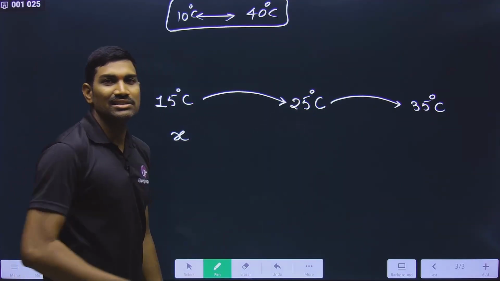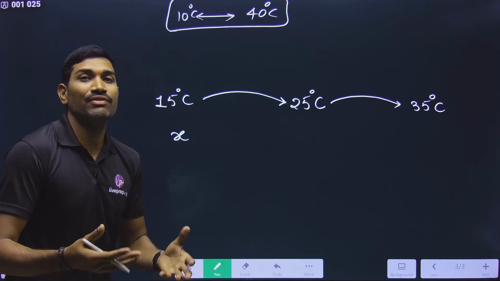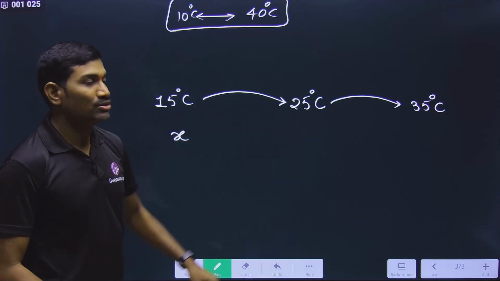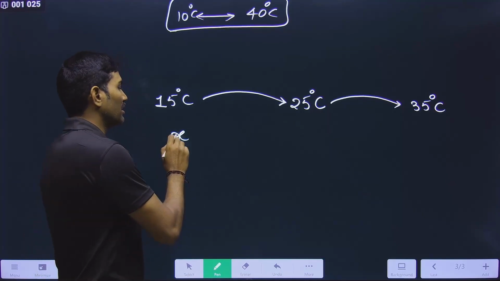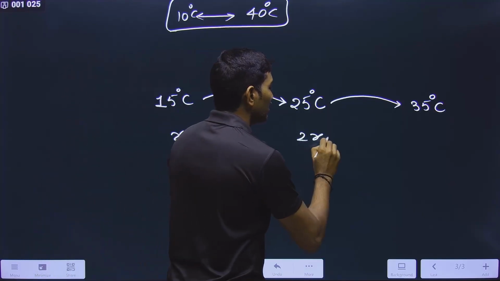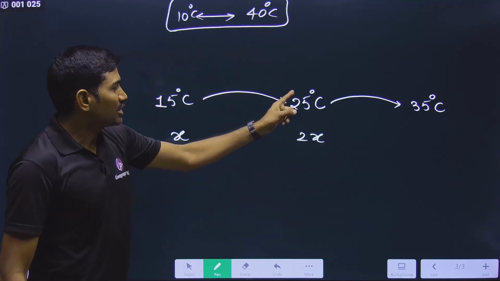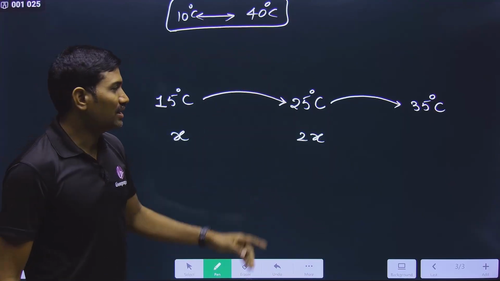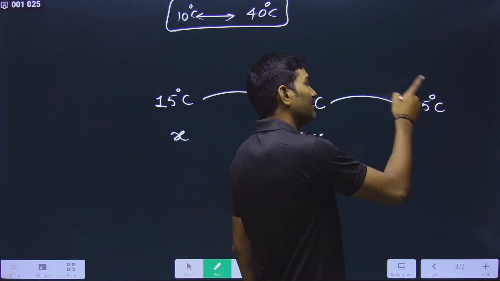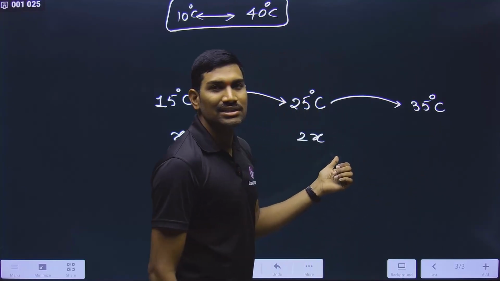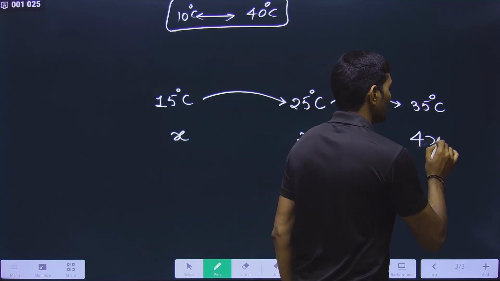Now at 25 degrees centigrade, what is the expected rate of reaction? It will be double, 2x. At 35 degrees centigrade, it will be further doubled, so 2x becomes 4x.